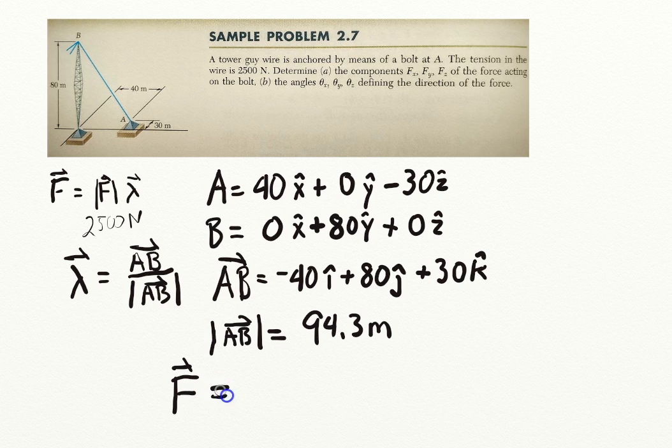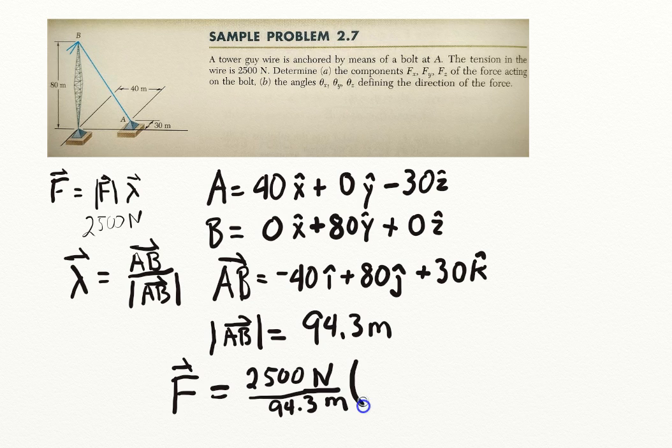We've got the magnitude, 2,500 newtons, and that's going to be divided by this AB, 94.3, that's in meters, and then these, each one are in meters.